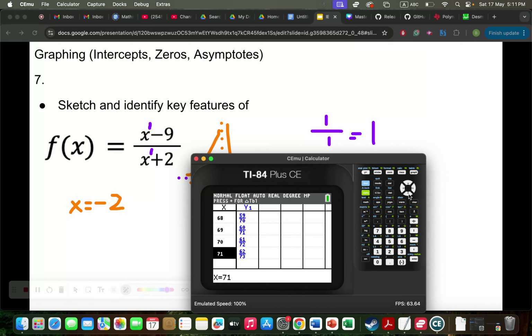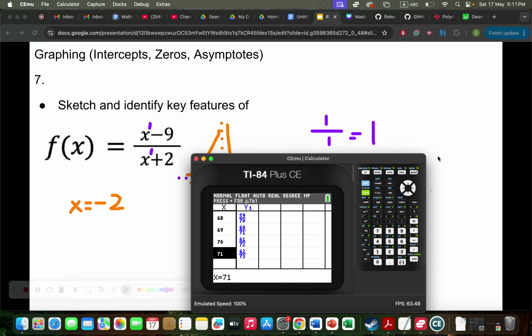Like I said, the AA students would need to know how to find the horizontal asymptote by taking the highest power and dividing them. So you're going to get y equal to 1. But for the AI students, all you really need to do is identify from the graph where the horizontal asymptote could be.